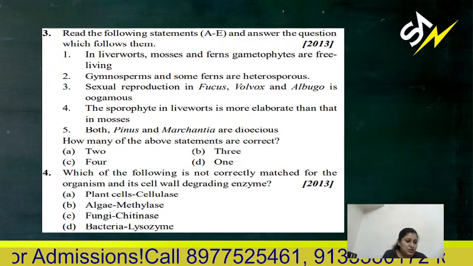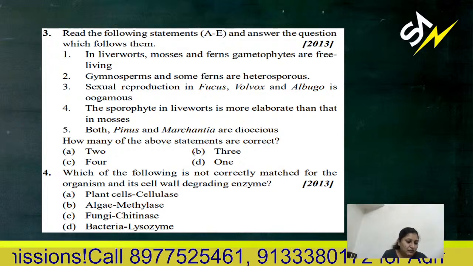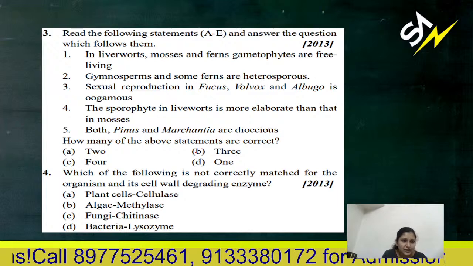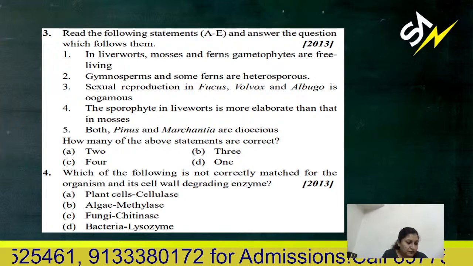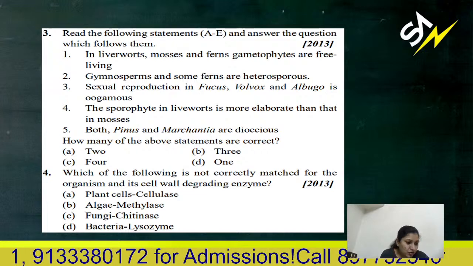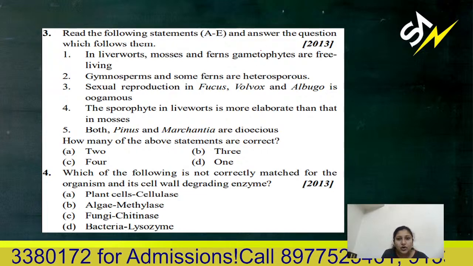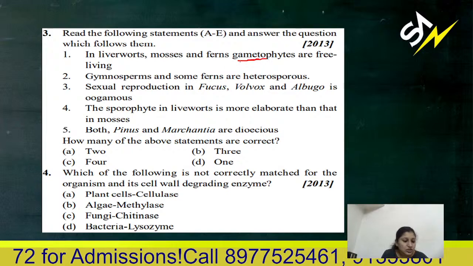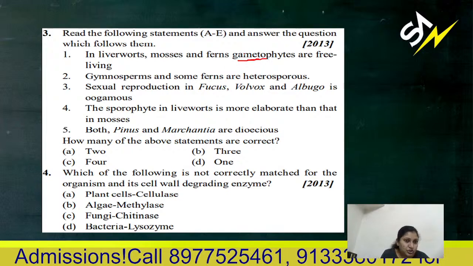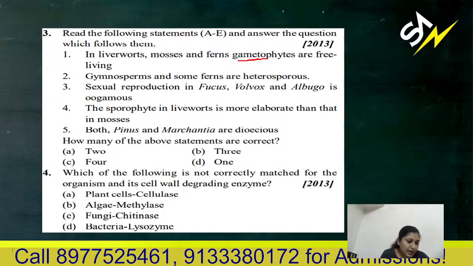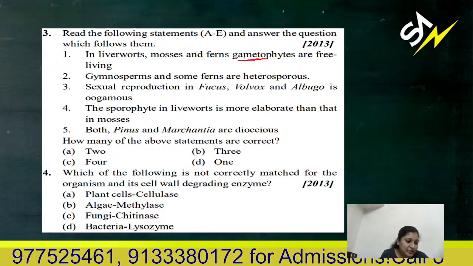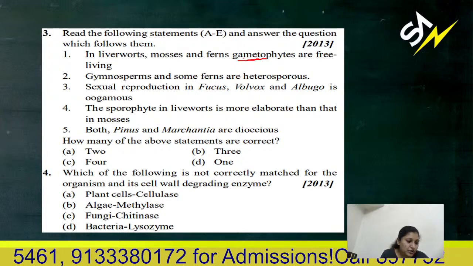In liverworts and mosses, gametophytes are free living, while in ferns, sporophytes are free living, not gametophytes. This is wrong. And genera like Selaginella and Salvinia are heterosporous.